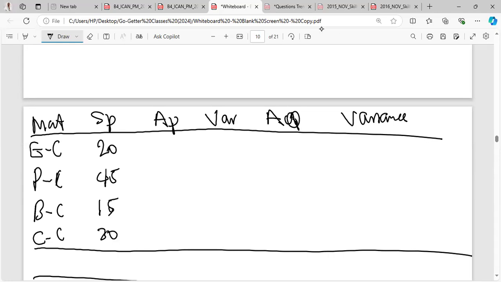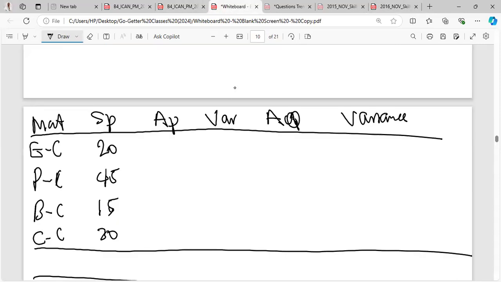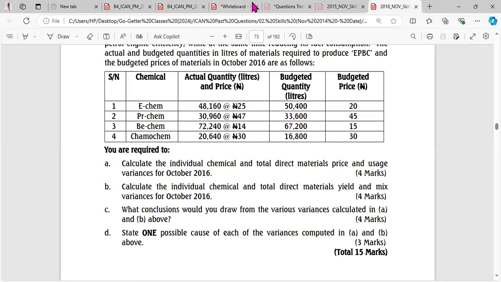Now, what is the actual price? 25, 47, 14, 30. Then the actual quantities is as stated here.